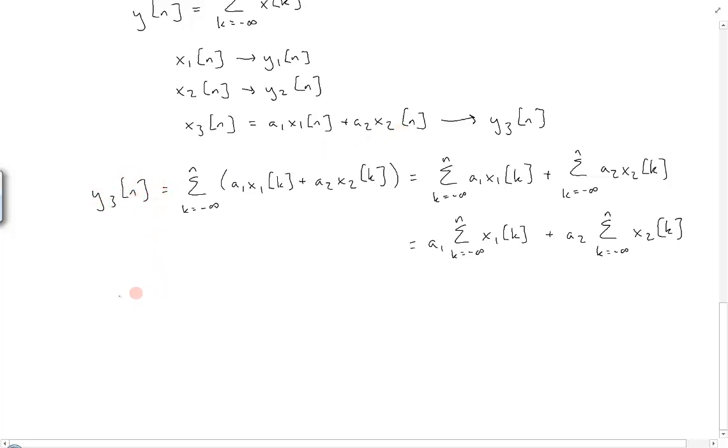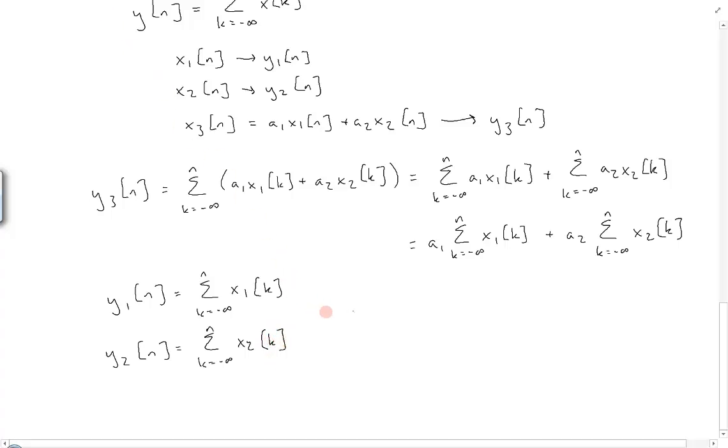Well, we can likewise write down y1, which is equal to, again, just using the same definition that we had before, the summation of x1 of k, and y2 is equal to the summation of x2 of k.